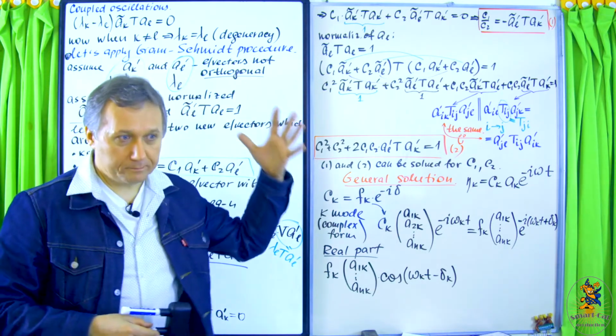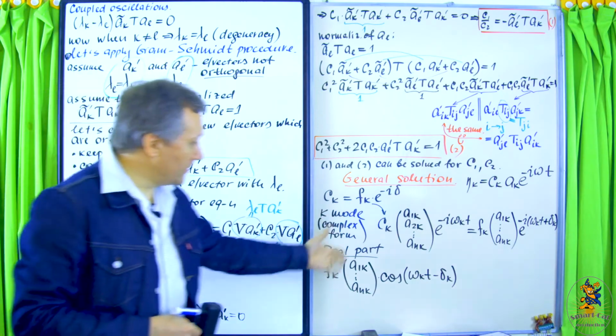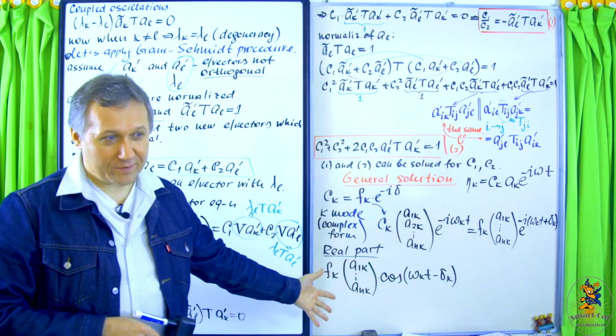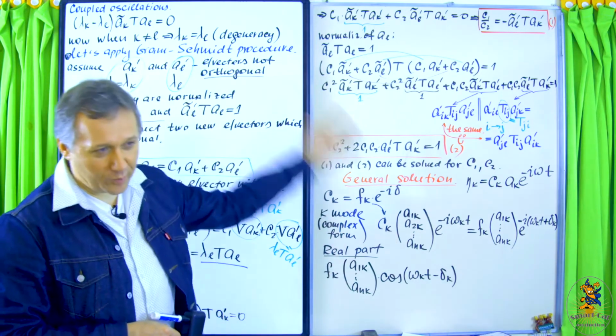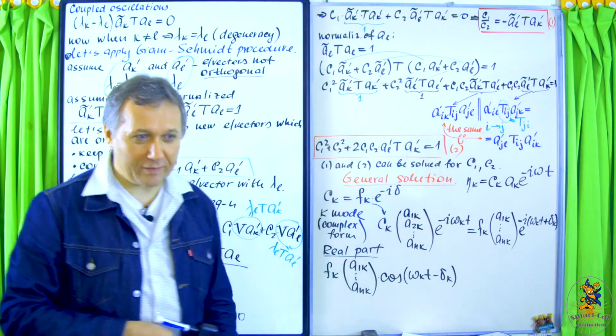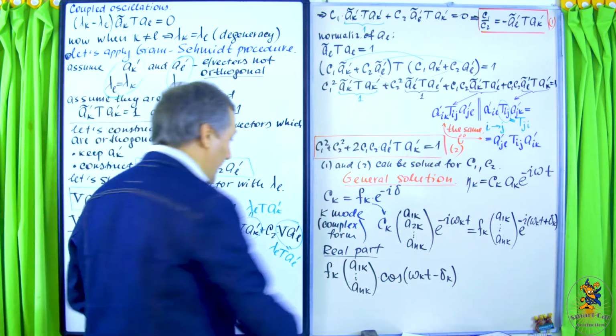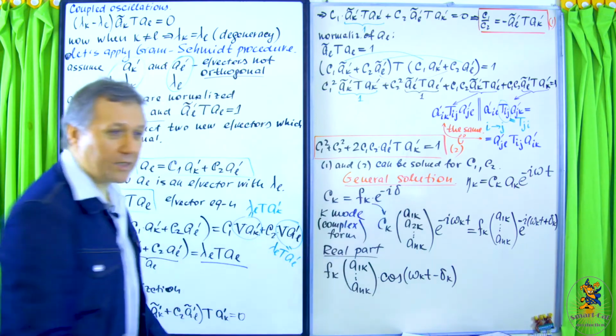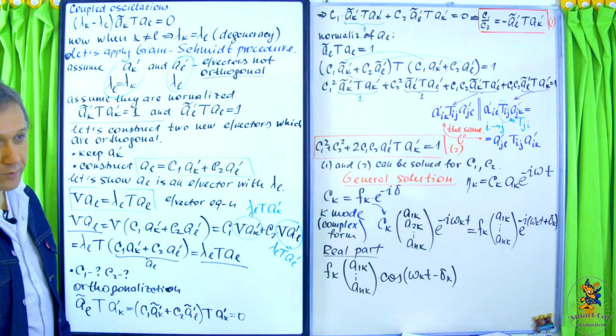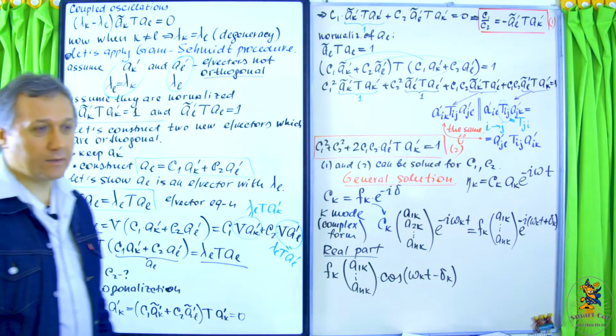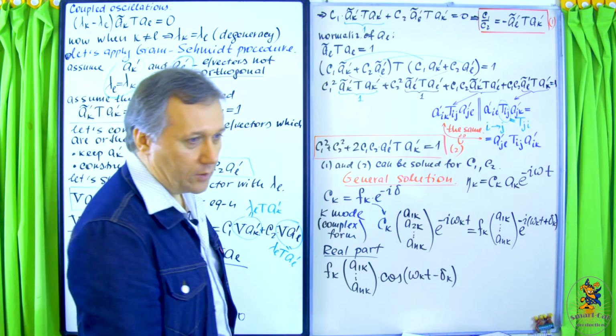Okay, so now, as I said, since all these eigenvectors are orthogonal to each other, plus normalized, to make our life a little bit easier, a linear combination of all these modes is the general solution of the system.